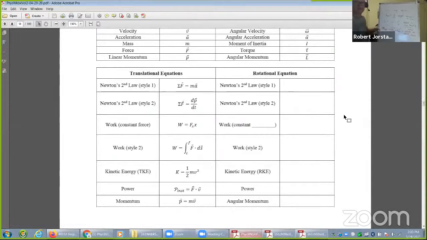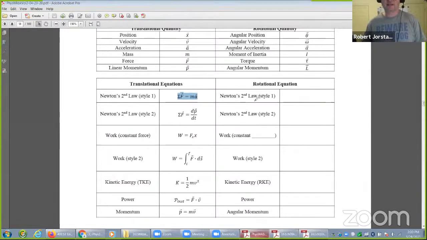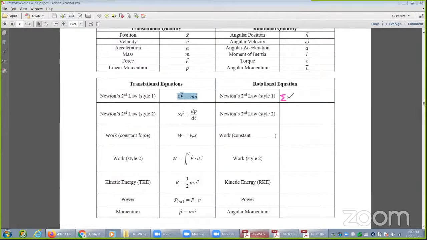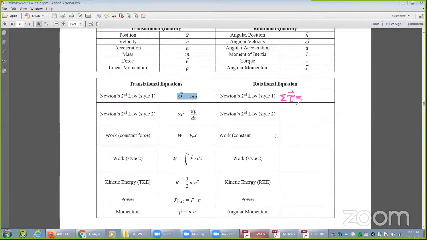Let's do one together. I want to rewrite force equals ma. What is the equivalent rotational statement? Sum of what? So force is a torque, right? Sum of torques, it's a vector, equals... omega?